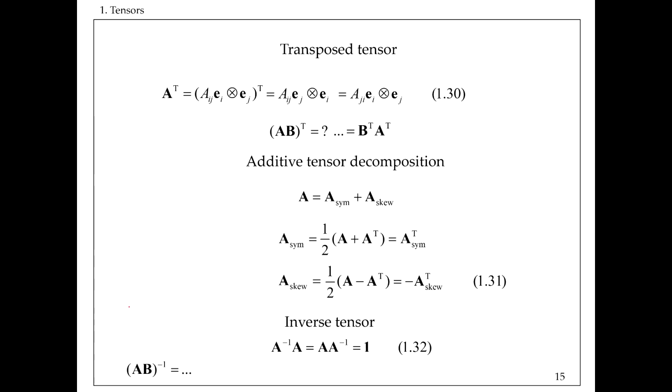You take your original AB and multiply it with AB inverse, and you want to obtain identity.